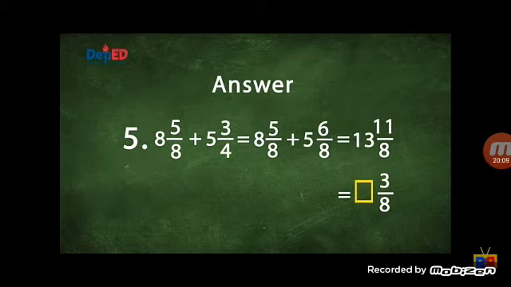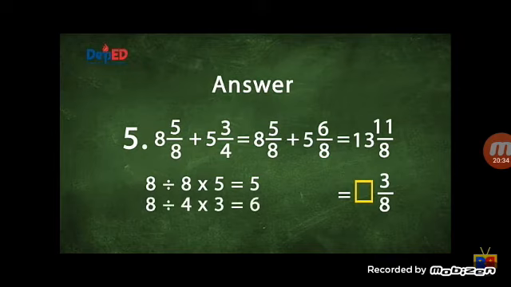Step 2. Copy the whole numbers. Then, divide the LCD by the given denominators and multiply by the given numerators. 8 divided by 8 times 5 equals 5. Next time, if the LCD and the given denominator are the same, just copy the numerator. 8 divided by 4 times 3 equals 6.